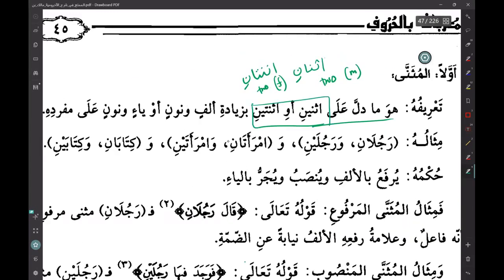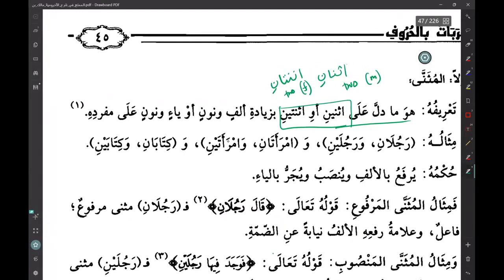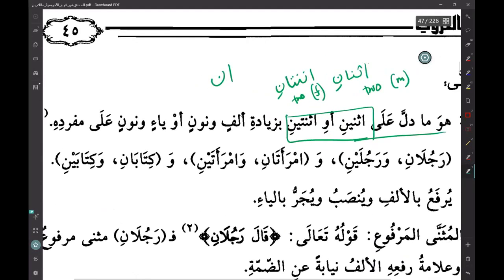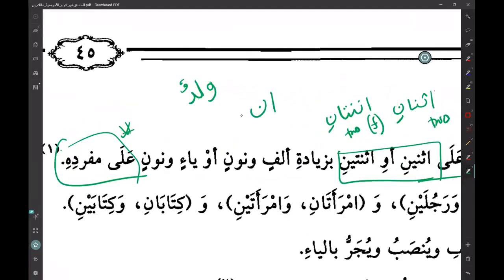So basically it indicates two by adding. How do you make two? By adding alif and nun, or ya and nun, ala mufradihi. These are the key terms. You have a mufrad, we already know what a mufrad is. And how do you make muthanna?